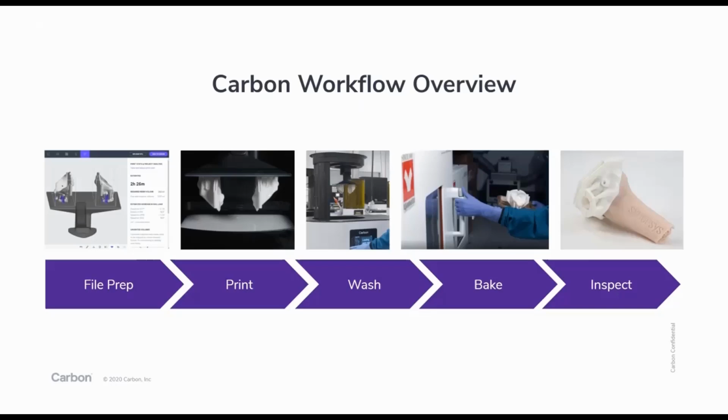This slide shows the steps involved in printing a part on the Carbon platform. The first step is file prep, and I'd like to point out that the Carbon UI has seamless integration with different file formats. Users can upload various file formats, including STL, 3MF, OBJ, and PLY, directly into the Carbon UI.